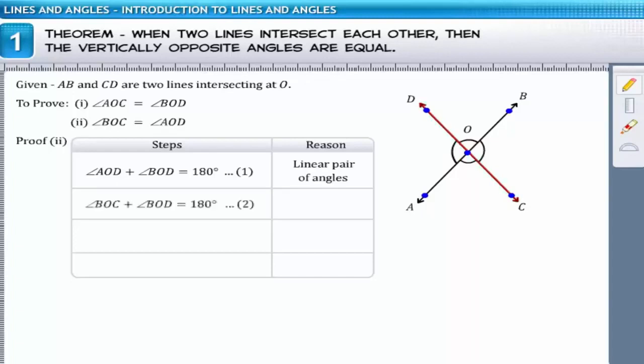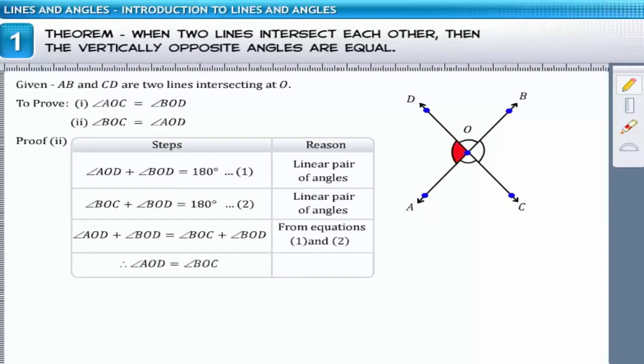Therefore, the sum of angles BOC and BOD is equal to 180 degrees. Now, since the RHS of both equations 1 and 2 are equal, on equating the LHS of both the equations, we get angle AOD, which is equal to angle BOC. These are vertically opposite angles.